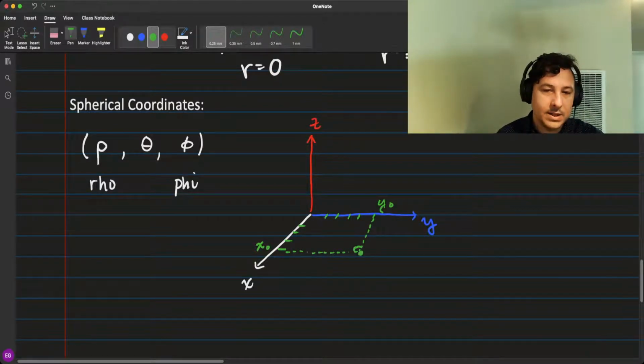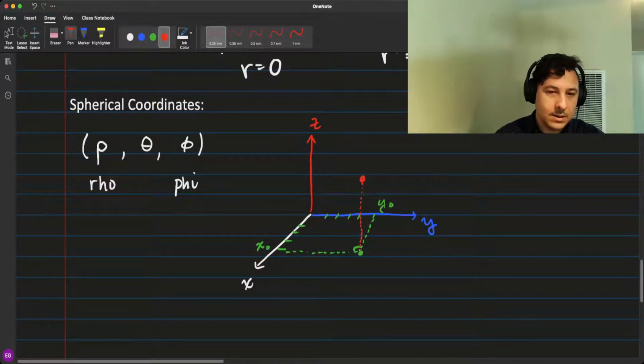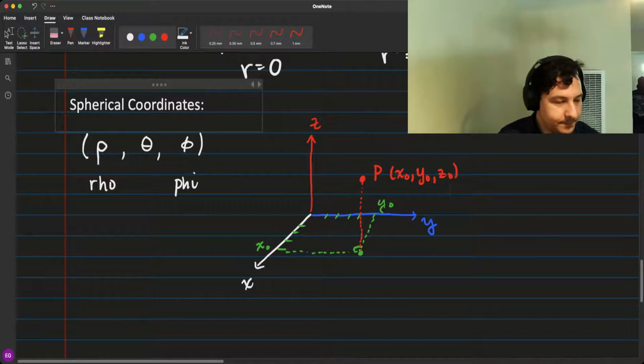You get a point on the xy plane. And then we'll go up some amount on the z-axis to right here. So there's our point P with rectangular coordinates x naught, y naught, z naught.